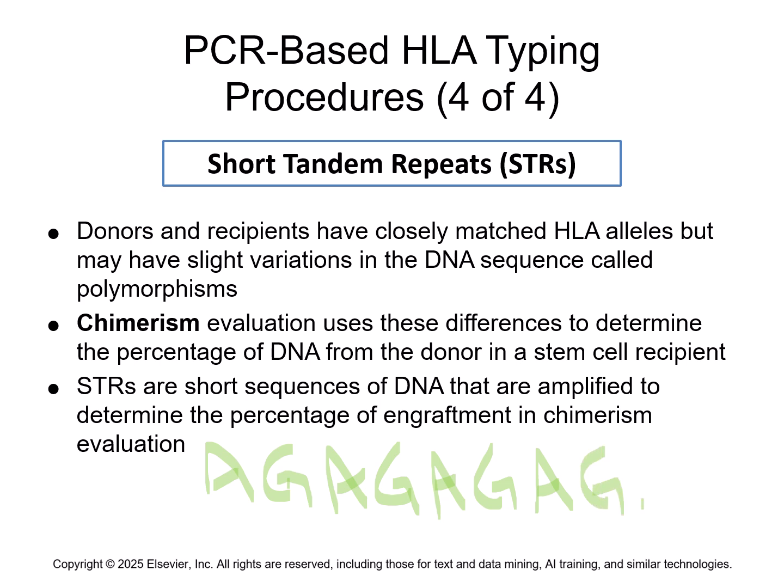And while you may have this AG in one spot on your DNA repeated 14 times, somebody else may have that repeated 26 times. That means that after we do PCR, the length of that fragment of DNA is going to be different. And so we can use this for identification. One of the ways that we use this for identification is in the case of a bone marrow transplant.